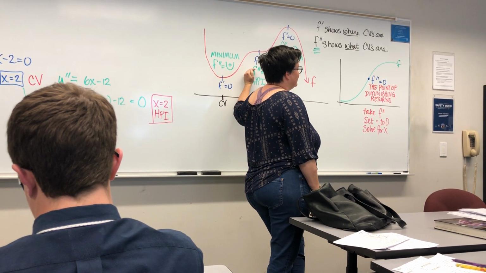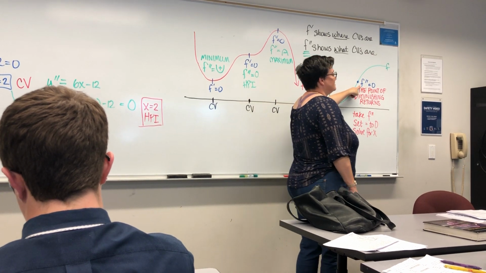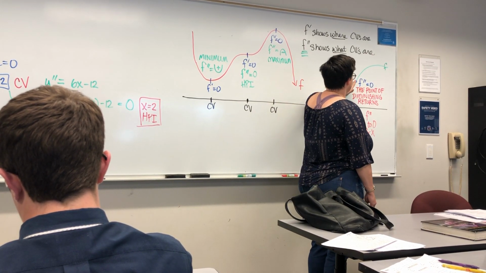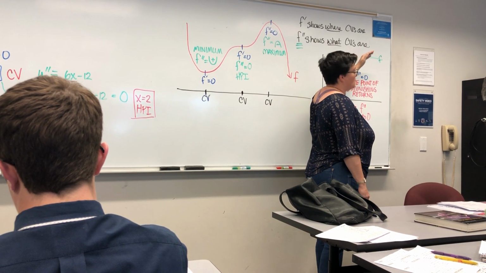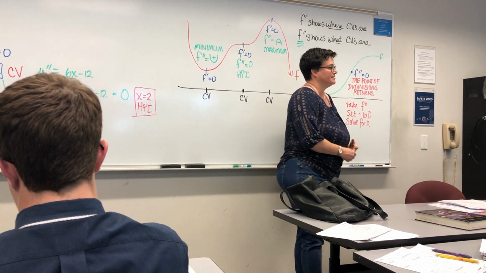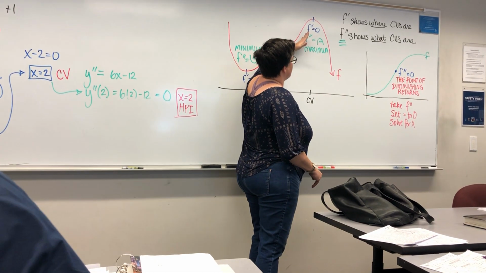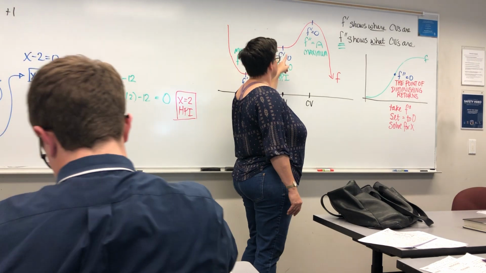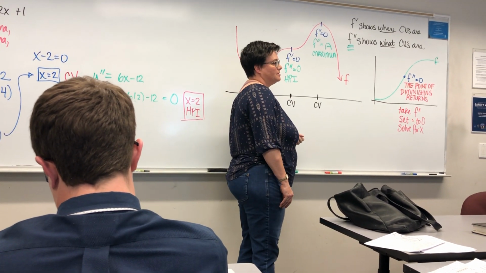Concavity is 0 here, guys. Look, you've got concave up before that point, concave down after that point. So the concavity is 0 at that point. Just like here, it's concave down followed by concave up. There's a change in concavity there, but this one also happens to have a 0 slope.